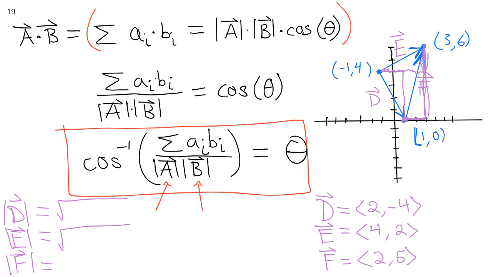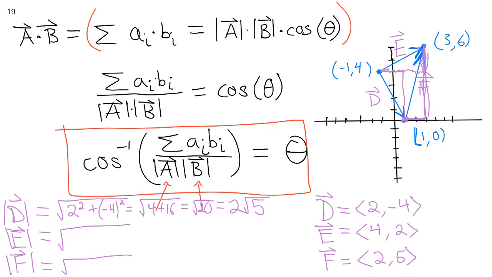So for D, it's 2√5. Let me make sure. That's 4. That's 16. The square root of 20 is 2√5. Very good.